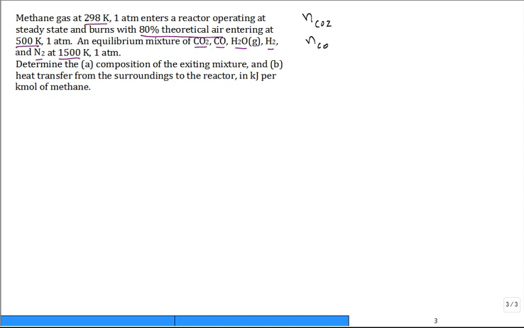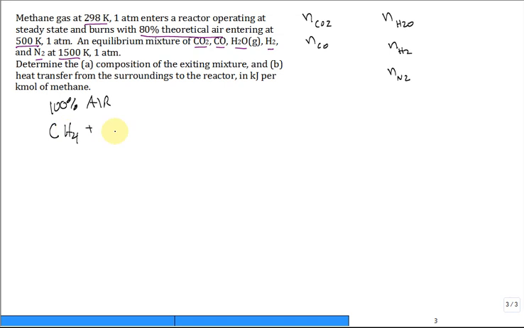CH4. And the number of moles of H2O gas going out, the number of moles of H2 going out, and the number of moles of N2 going out. All 5 of those are going out. But we're going to do it all per kilomole of fuel. All right. So what we do for part A is we start and we get the 100% theoretical air balanced equation burning methane. You've done it a number of times.